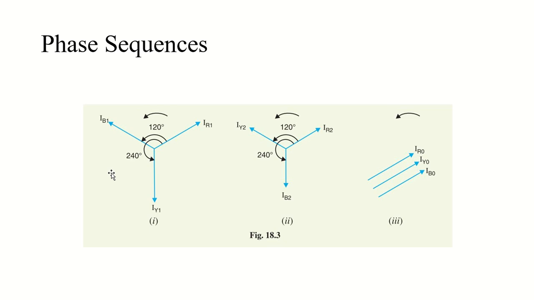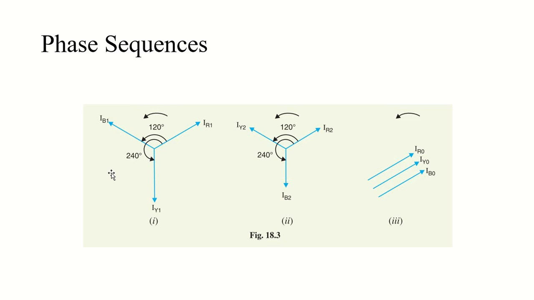So we have three phasors of this sequence, holding equal magnitude and spaced 120 degrees apart. Based on that fact, these phasors can be represented as A1, B1 and C1.